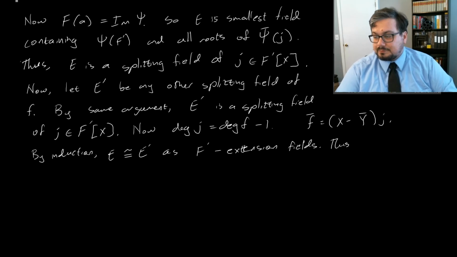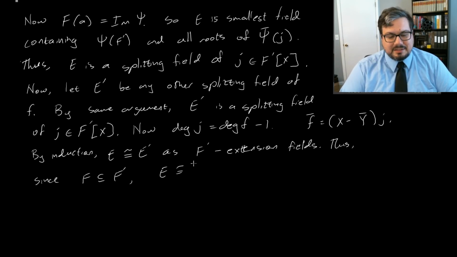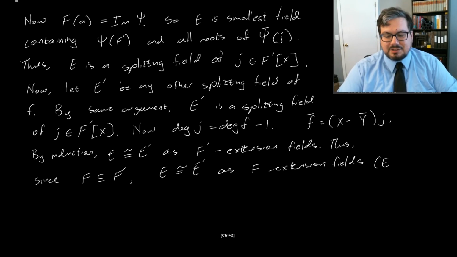Thus, since F is a subset of F prime, we have that E is isomorphic to E prime as F extension fields. And this is an easy exercise.